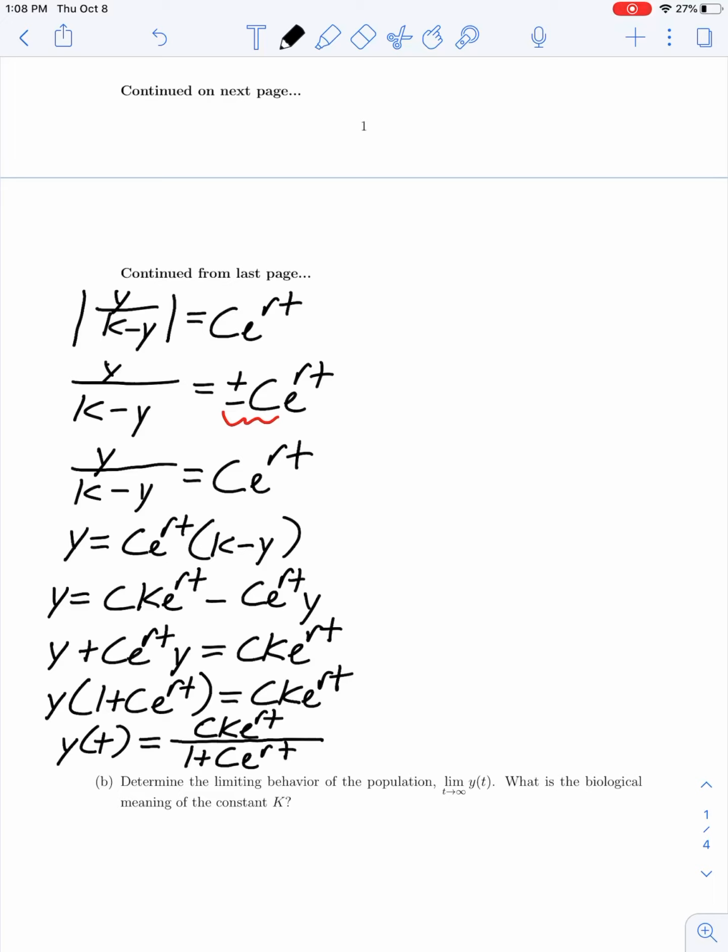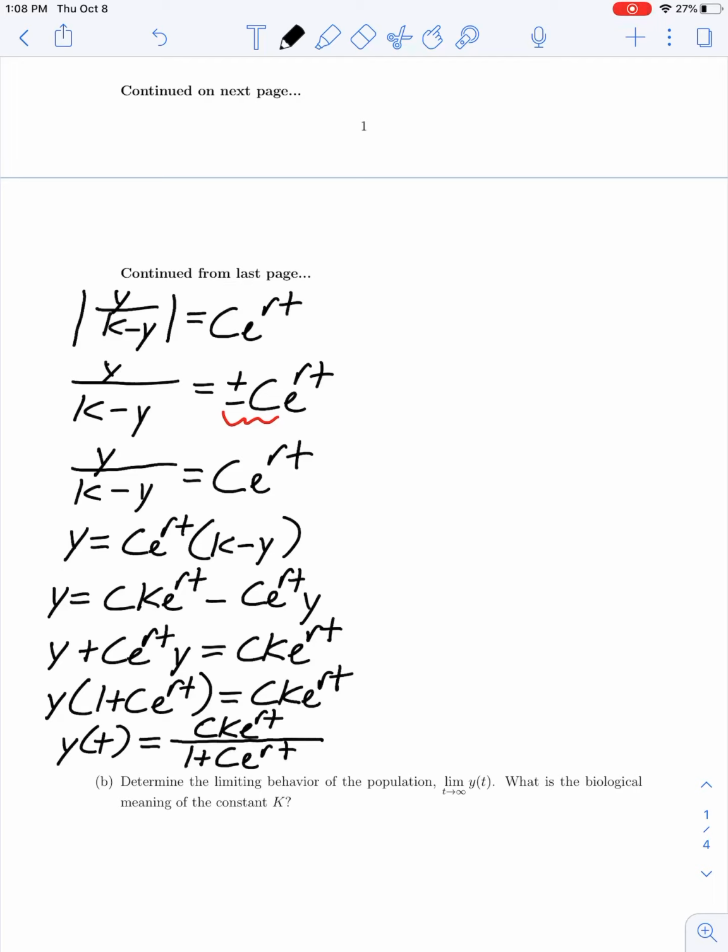Now, this is my general solution of that logistic growth equation, but I also had an initial condition in this problem. Y of 0 was given as y naught, which represents the initial population size. And I'm going to use that initial condition to solve for c.